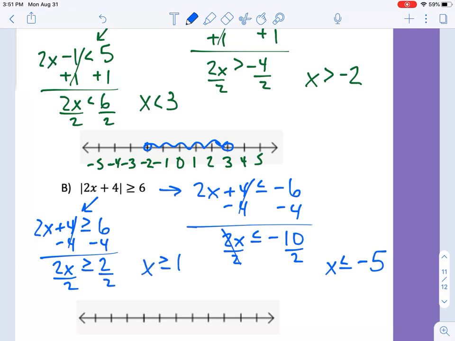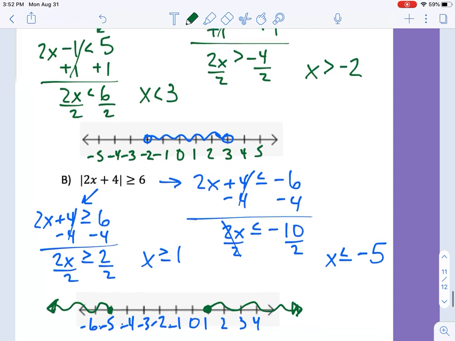And x is greater than or equal to 1. This time they are closed circles at 1 and at negative 5. We need x is bigger than or equal to 1. And we need x is smaller than or equal to negative 5.